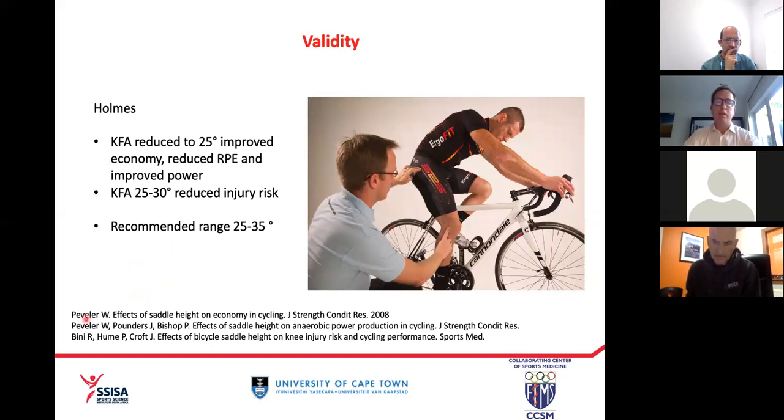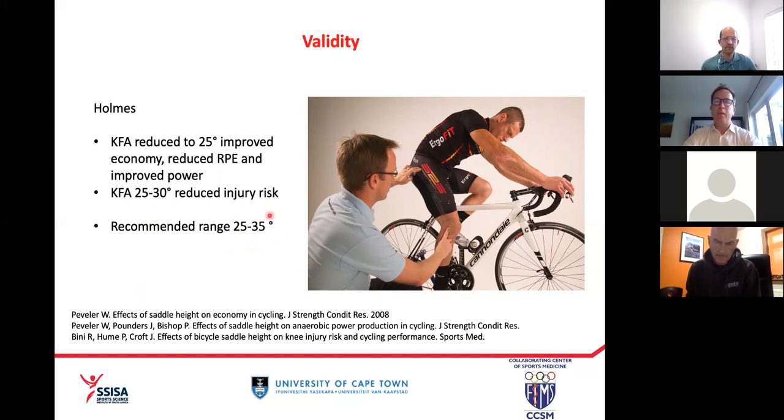And if we look at Rodrigo's own research on bicycle saddle height and knee injury risk, we see that having a Holmes knee flexion angle of somewhere between 25 and 30 degrees improves economy, reduces perceived exertion, improves power, and reduces injury risk. And for that reason, we have a recommended range of 25 to 35 degrees.